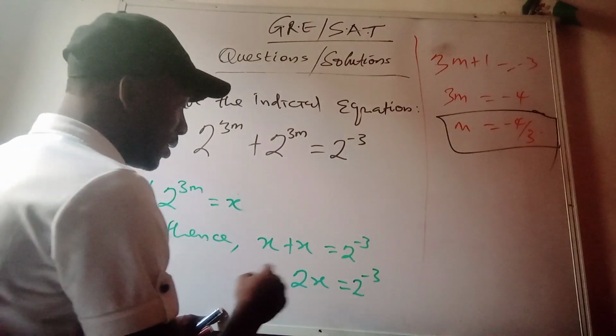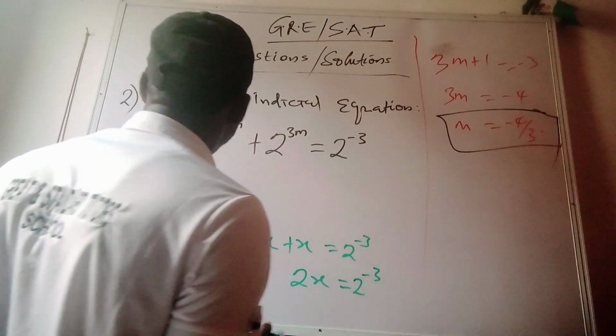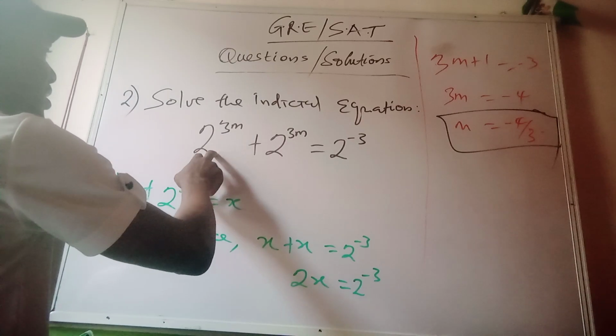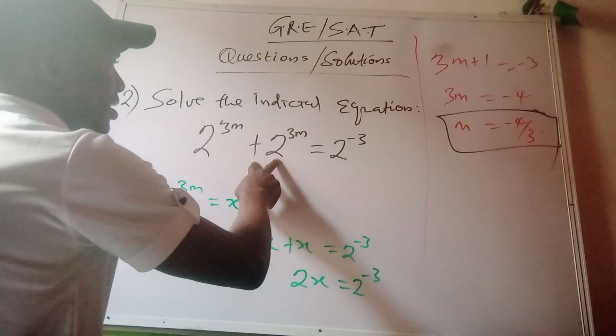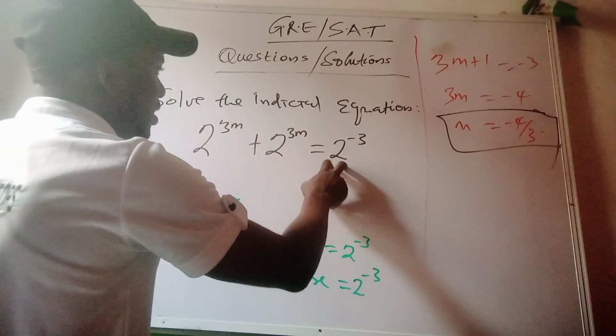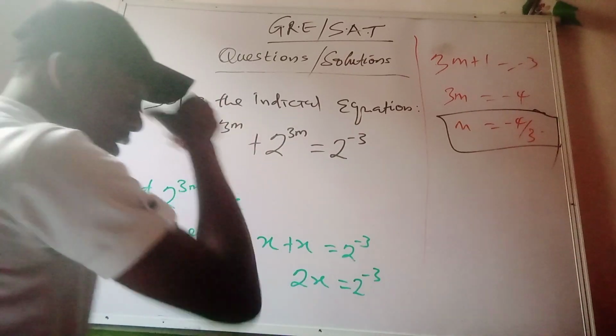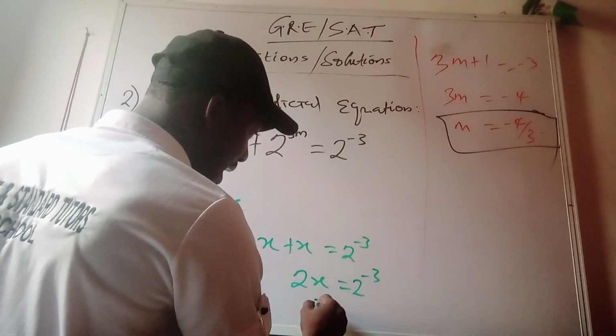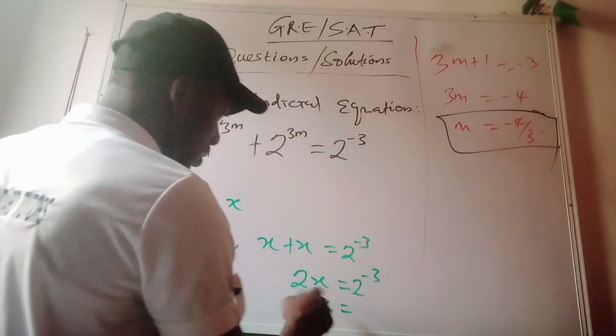So obviously I'm having 2x, k plus k to 2k. Yes, now obviously I'm going to be having x is equal to what?